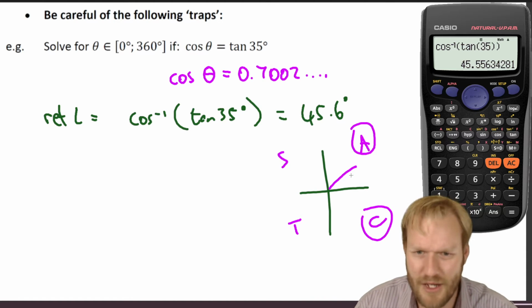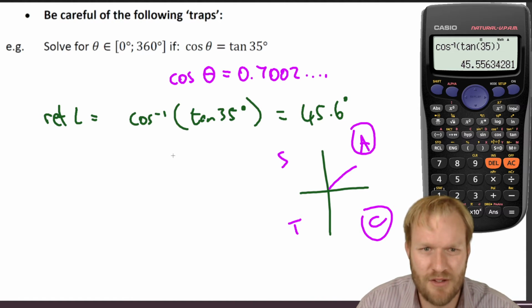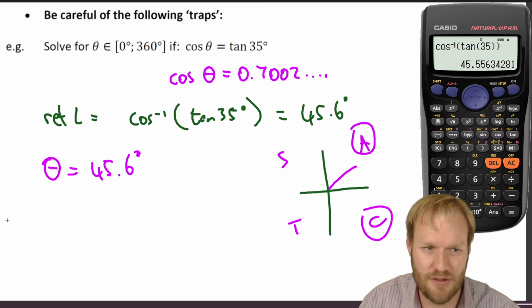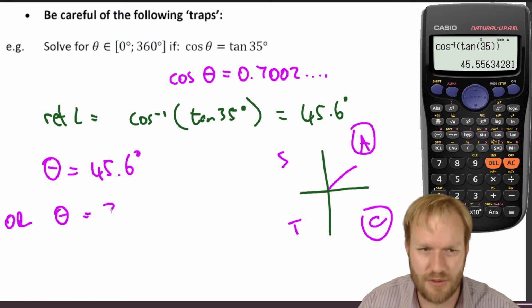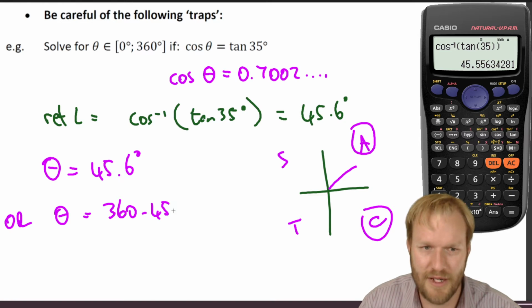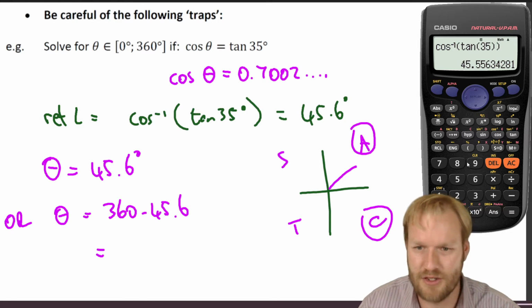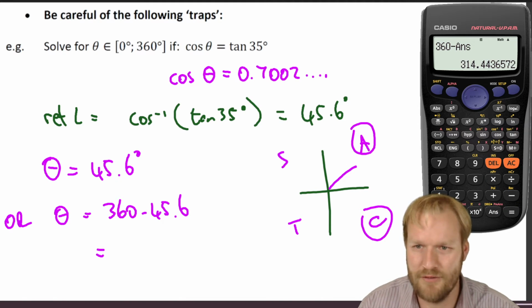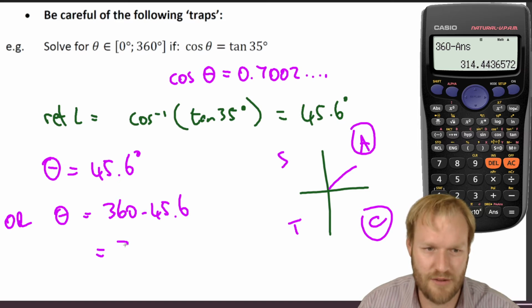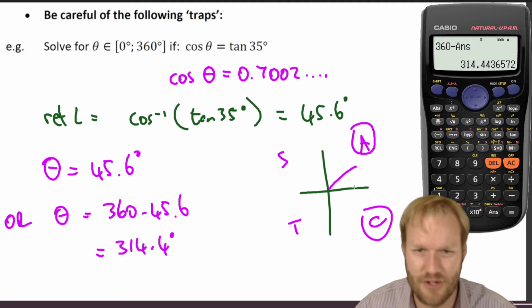So if that's the case, then theta equals our reference angle because it was positive, or theta is in this one here, so we can go 360 minus our reference angle, 314.4 degrees, and there are two answers.